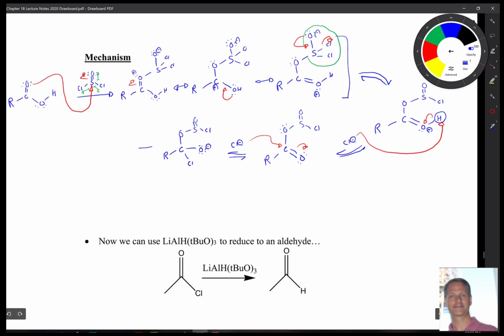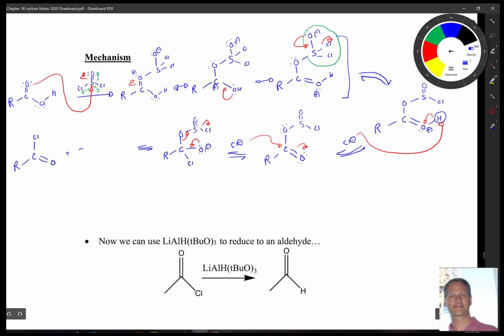We have one last step, and it's kind of a lengthy step here. And this is one of the things that makes this kind of a cool reaction. So we're going to come over, and we're going to do this. That's going to give us our carbonyl back. Now, that bond's going to swing over here, and then we're going to kick off chloride. So that's going to give us as our final products here an R, C double bond O. I'm going to swing that chloro group up here.